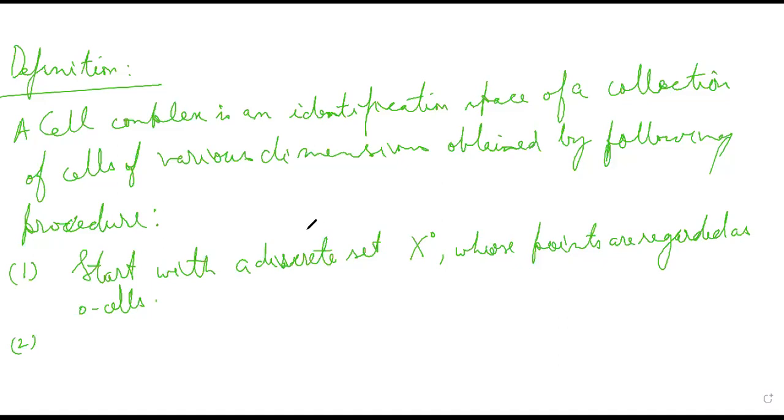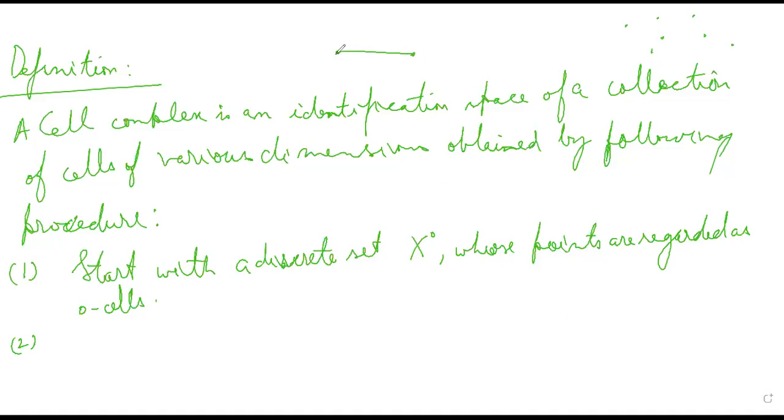Next, you start with a collection of discrete points. Then you attach one cells. So how will you attach one cells? If you take a one cell, its boundary, in an open one cell you will not have a boundary, but take the endpoints.